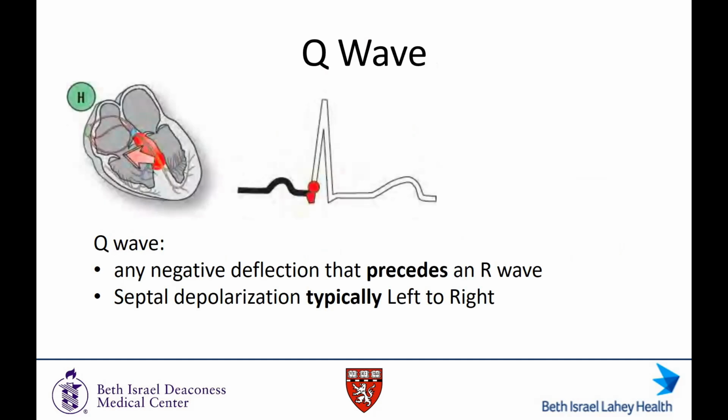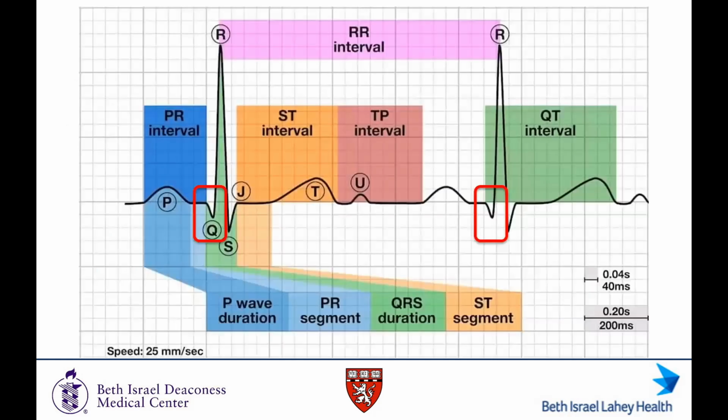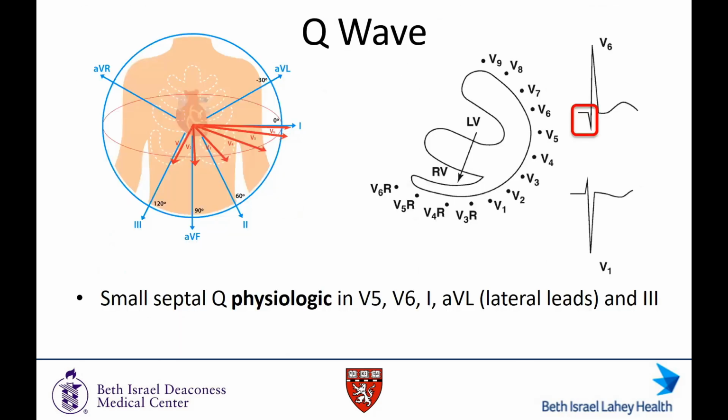Just a quick reminder, for the definition of Q wave, it's any negative deflection, so highlighted here in red, that precedes an R wave. And typically we go from left to right, as is demonstrated in this diagram. Here it is on the EKG itself, highlighted in the red box. And Q waves can be physiologic.